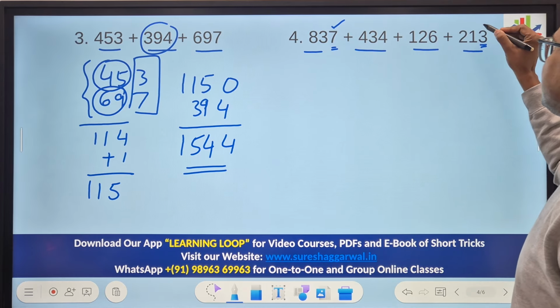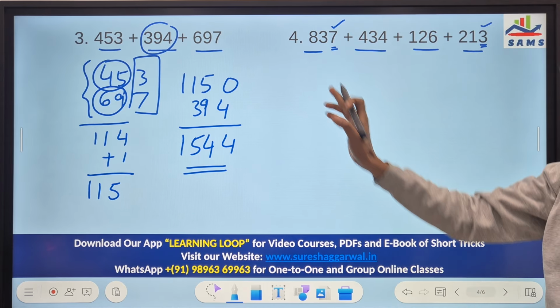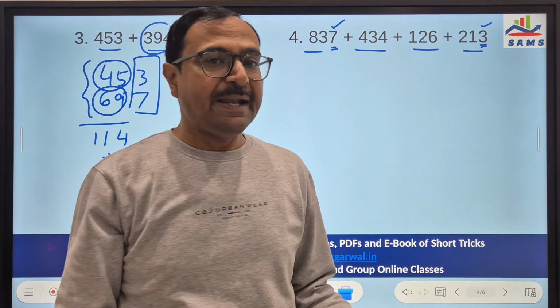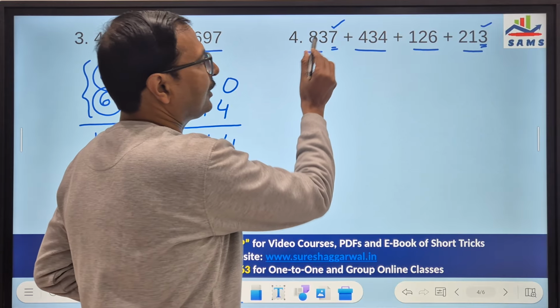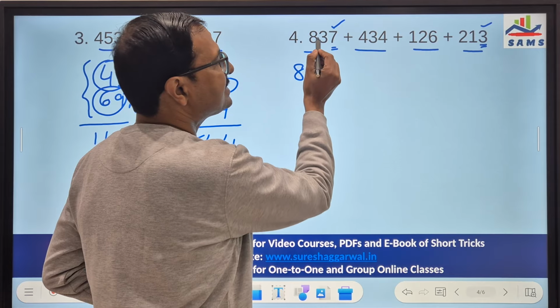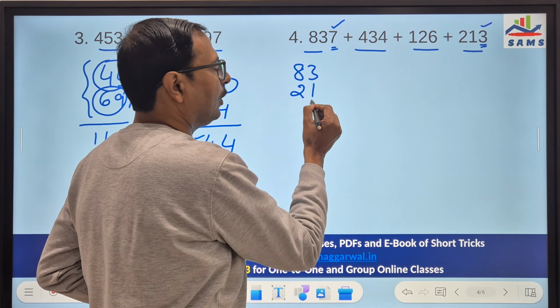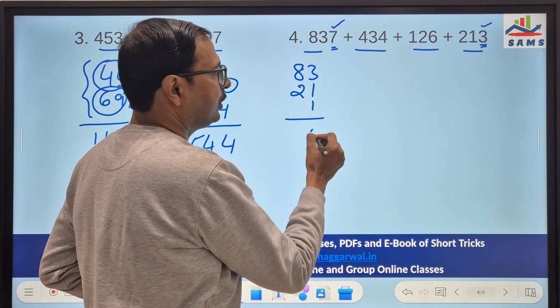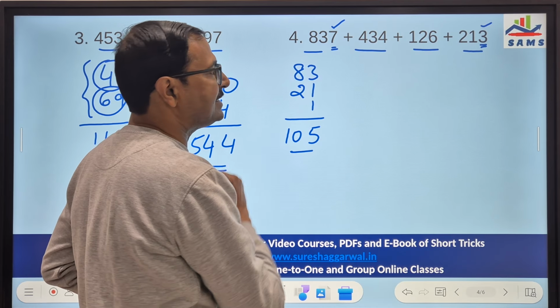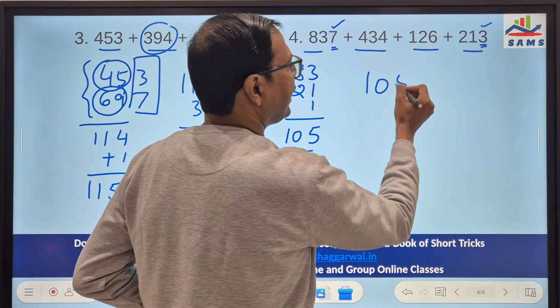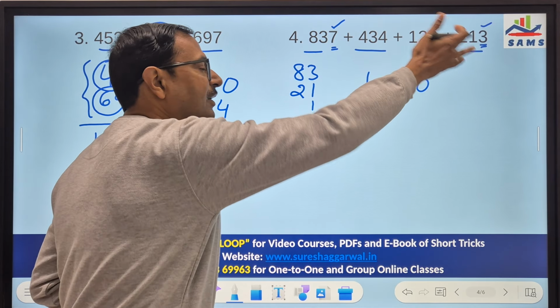I mean, this is 7 and this is 3. So this forms a pair because it again gets you a number ending in 0. So what will I do? I will take 83 tens and I will take 21 tens, and one more 10 will be obtained. So in all you will have 105 tens, which gives you 1050 as the sum of first and third number.